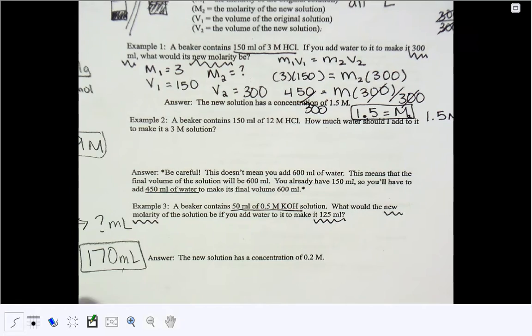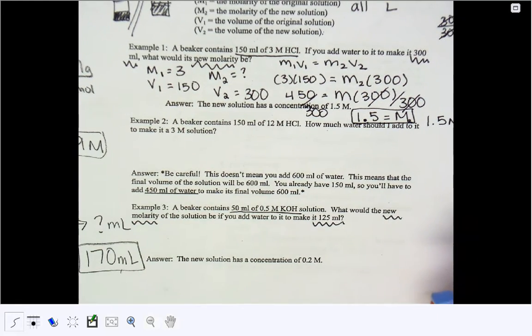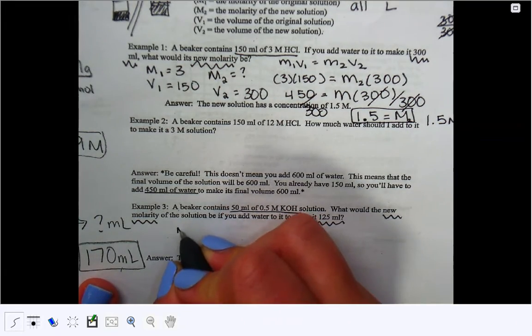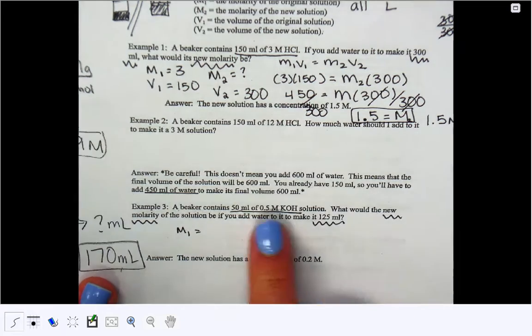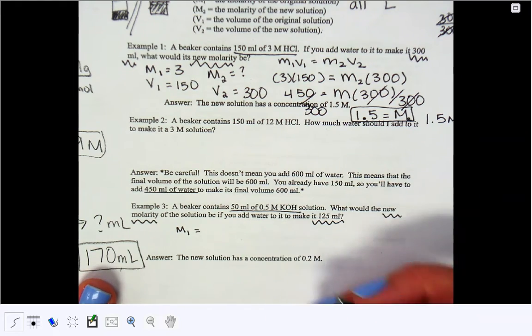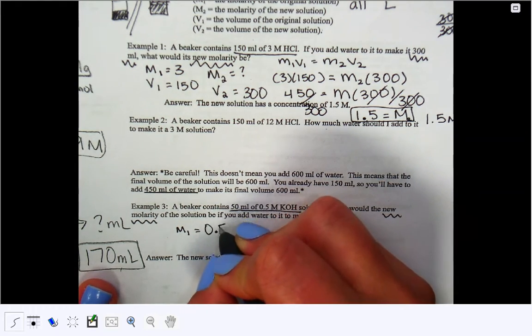So now that we've kind of decided which numbers are going together, let's go ahead and write out our givens again. Okay, so I'm going to go ahead and say, all right, M1 is equal to, so ring this part, which one of those two numbers, 50 or 0.5 is my M1? 0.5, 0.5.